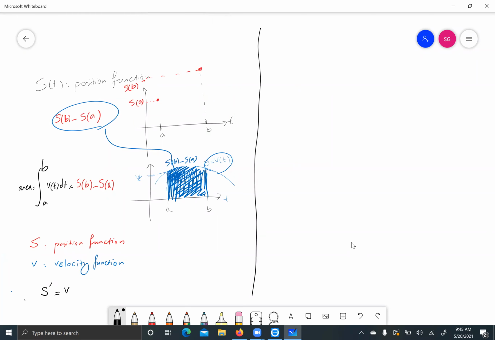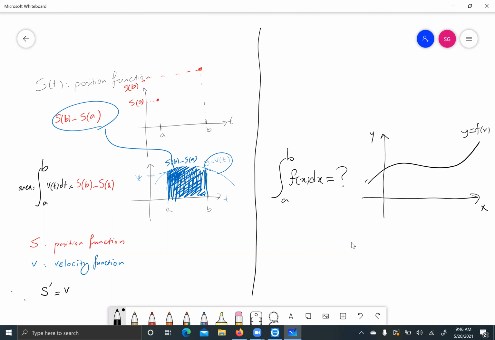Suppose you want to find an integral of a function from point A to B. Graphically, suppose this is the graph of f, and then that integral is the same as the area under the curve.